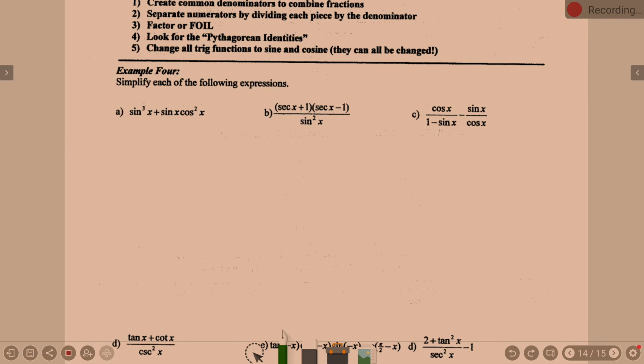Now, options. One, if you have 2 fractions, create a common denominator to combine the fractions. Two, separate numbers by dividing each piece by the denominator. These aren't steps because we're not going to do both of these. Three, factor or FOIL.